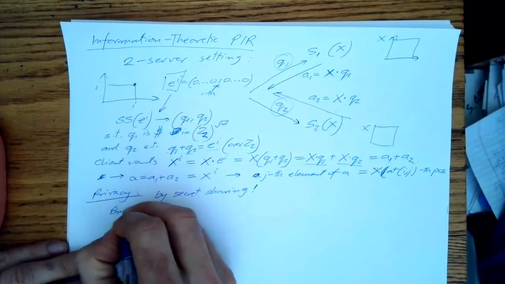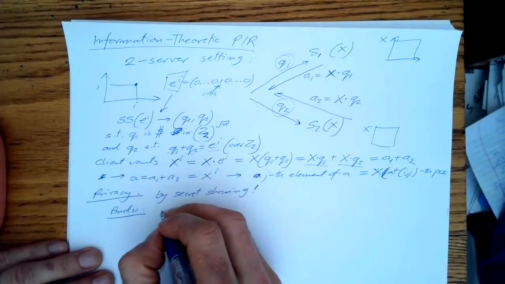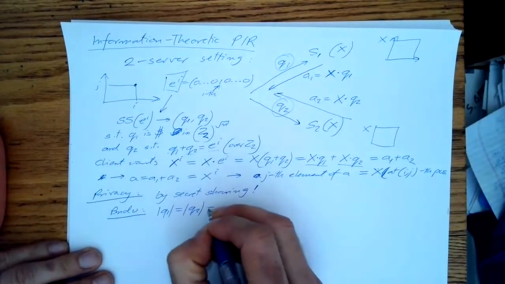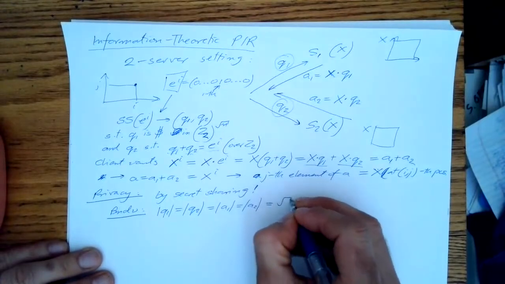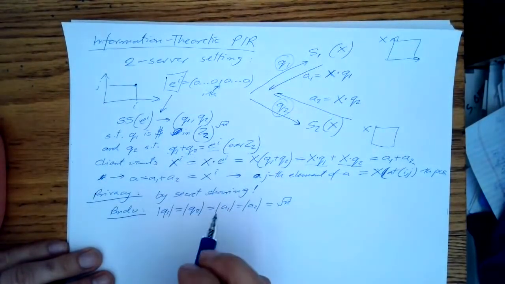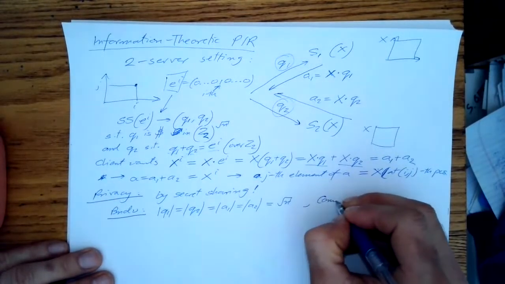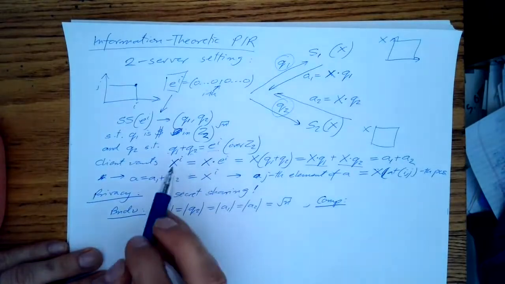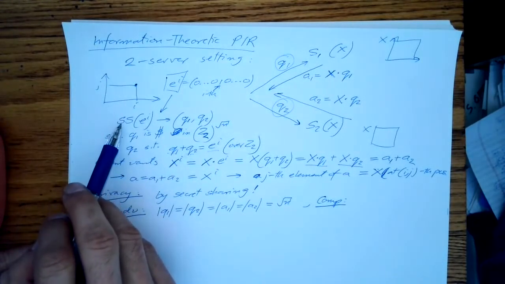What about the cost? So the bandwidth: both the queries and the responses are vectors of square root of n bits. And what about computation? Well, the client really does not do much computation.